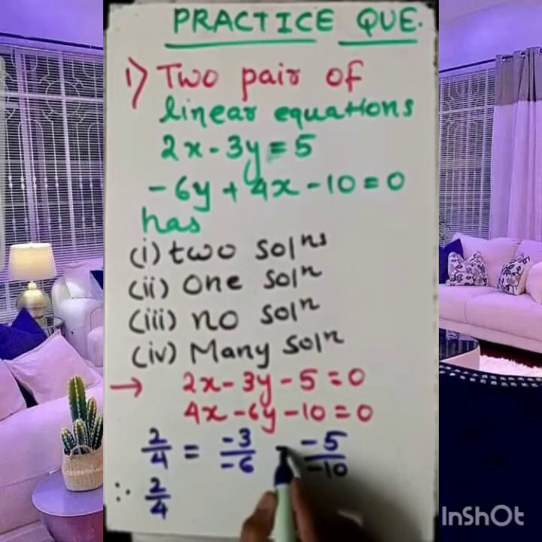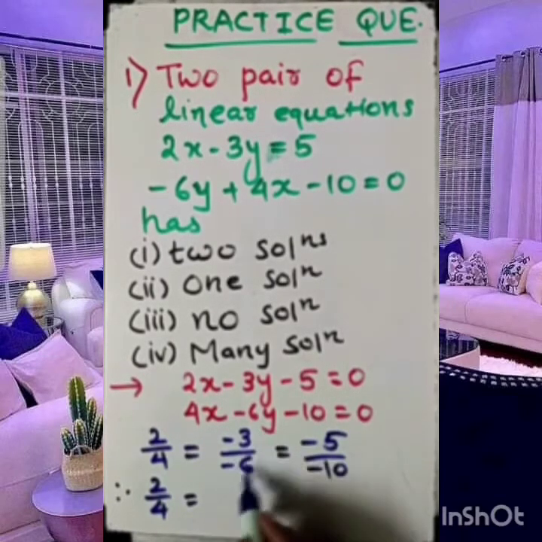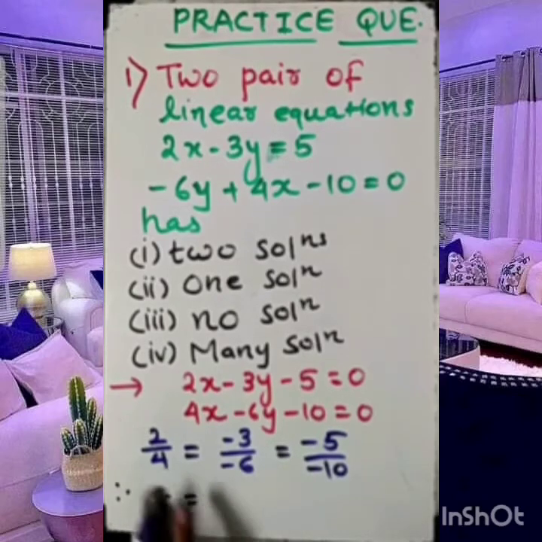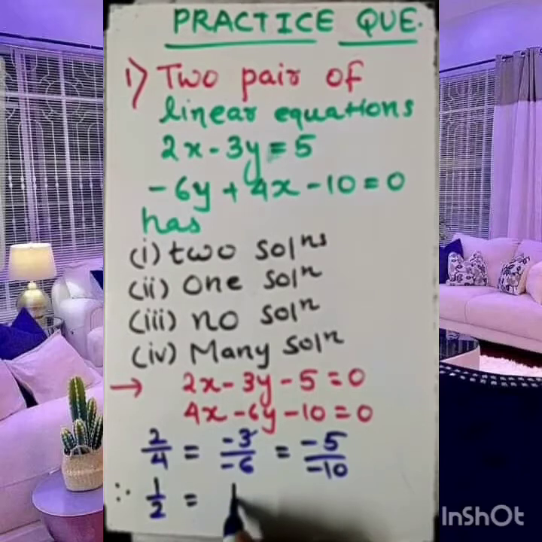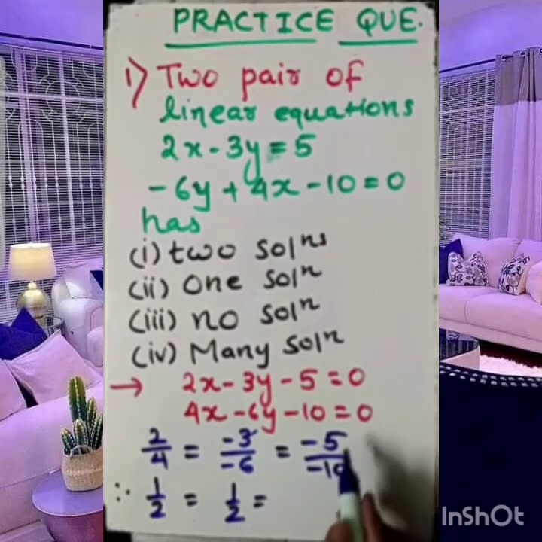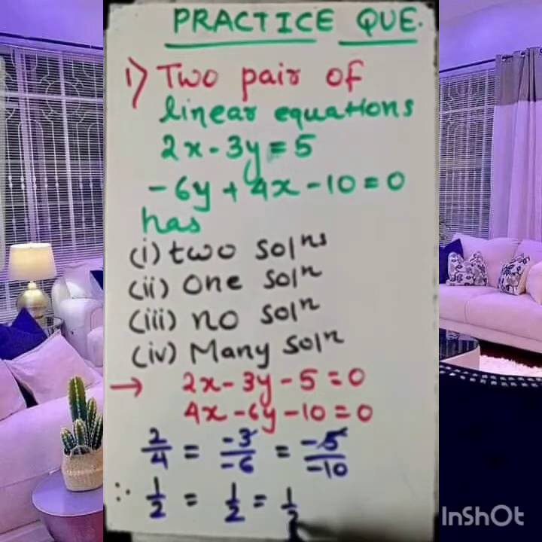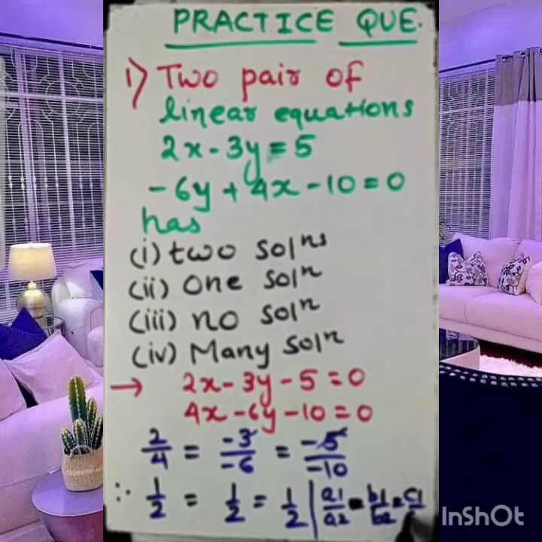Are they equal? The simplification of 2 by 4 is 1 half. Agree? Simplification of minus 3 by minus 6 is also 1 half. Simplification of this is also 1 half. So you can see that a1 by a2 equals b1 by b2 equals c1 by c2.